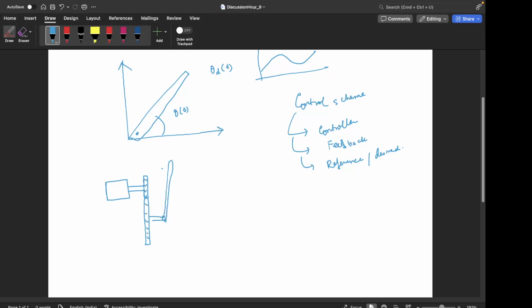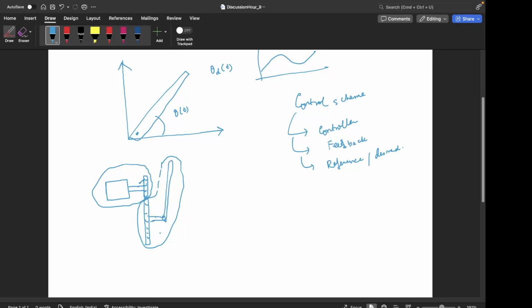And so if you want to separate the system out, this will be one part of the equation of motion, and this is the other, because this gear is rigidly attached to this shaft. There is no relative rotation between the motor shaft and this gear, and there is no relative rotation between the link output shaft and this gear.